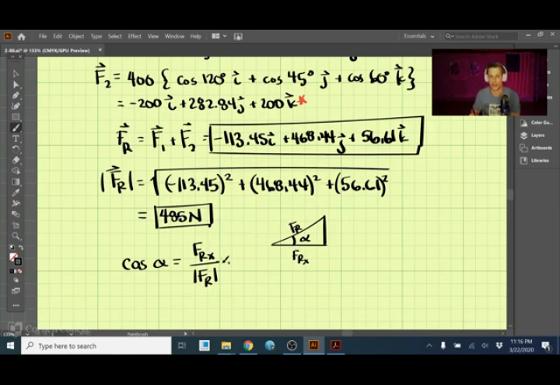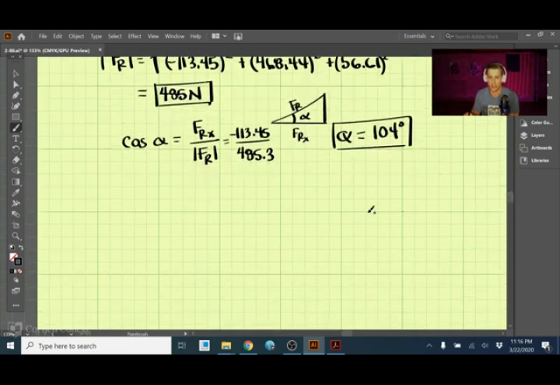So we have FRX, which is negative 113.45 divided by our magnitude, which is 485.3 if we leave the decimal places on it. And what that comes out to be is alpha comes out to be 104 degrees. So that is one of our coordinate direction angles.